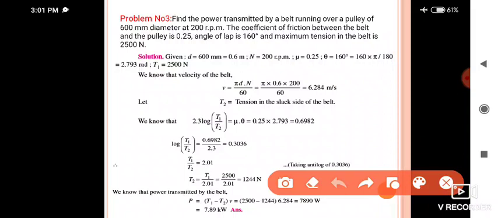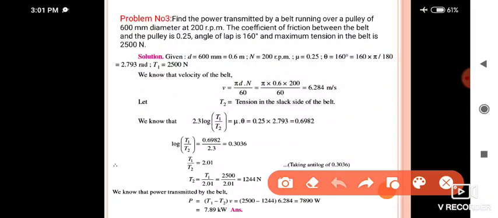Then for finding T2, you have to use this formula: 2.3 log of T1 by T2 is equal to mu theta. Then substitute the data, and we are going to get the T2 value, 1244 Newton. Okay, and finally after finding T2 as well as velocity V, just put those values in the power P formula.